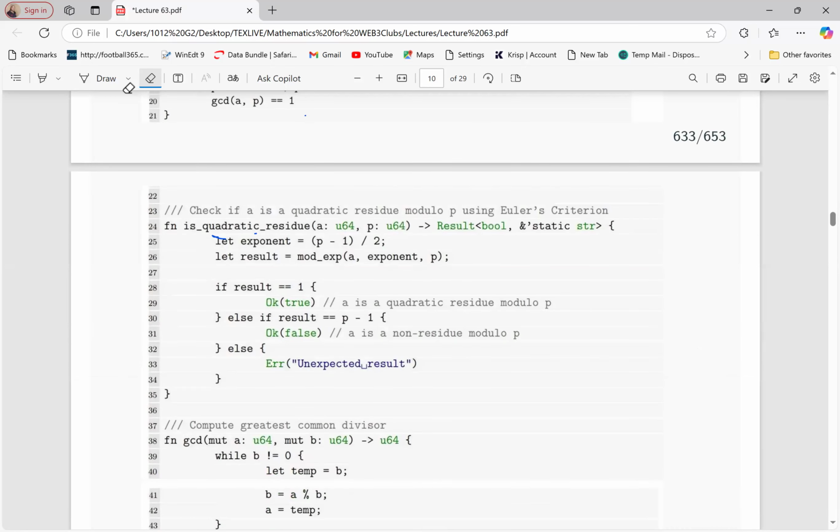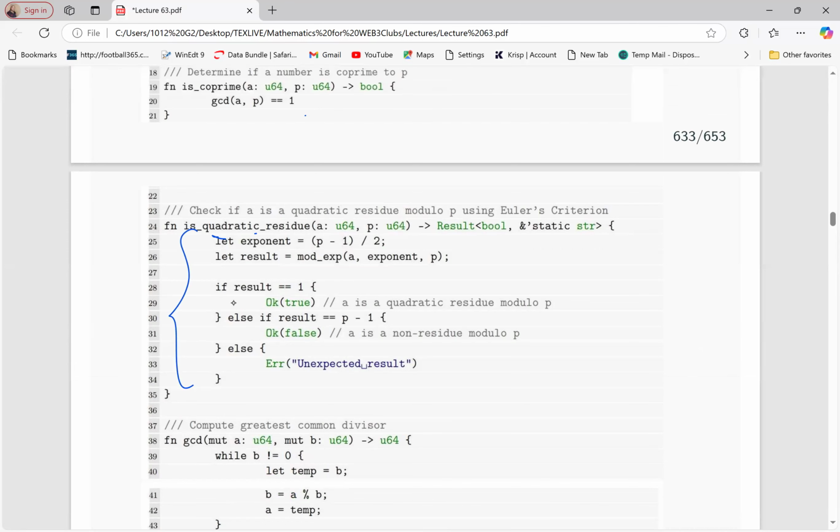But the function that is doing a lot of work is this. This is the one that is determining if it's a quadratic residue. And look at the formula. It begins by saying it wants to find out if A is a quadratic residue mod P. Then it says to do this: the power of A, the exponent, will be P minus 1 divided by 2.